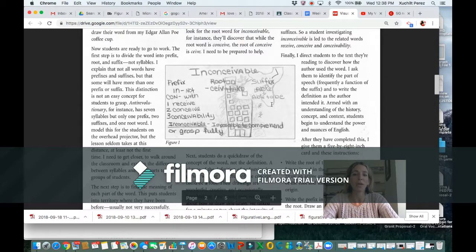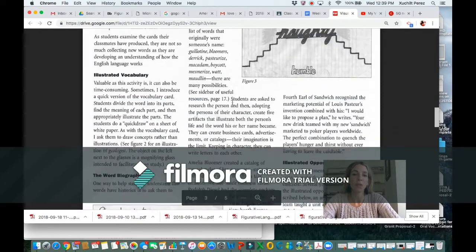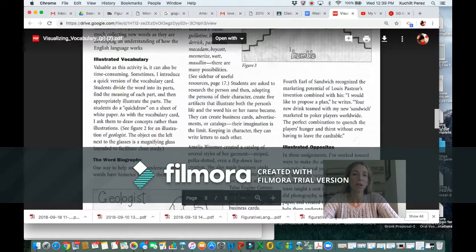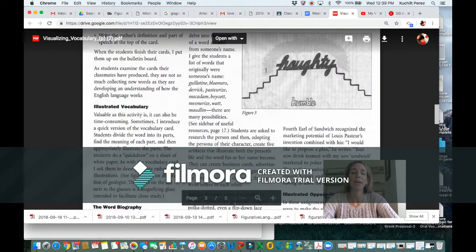This one, for example, is inconceivable, as you can see, and it's a study on prefixes, suffixes, root words, and then the drawing itself of the word. And if you go through this document, you'll see this is what's called an opposite card, and the word is drawn out. So haughty is drawn out because somebody that's haughty thinks they're perfect, versus somebody that's humble.